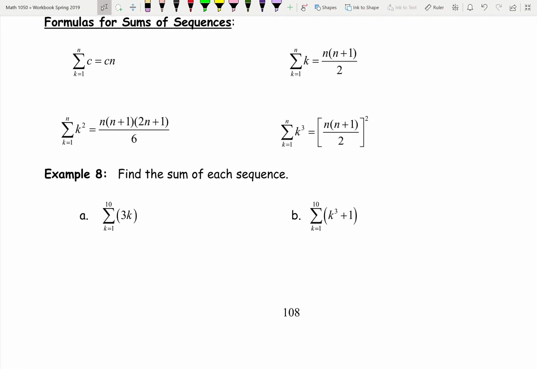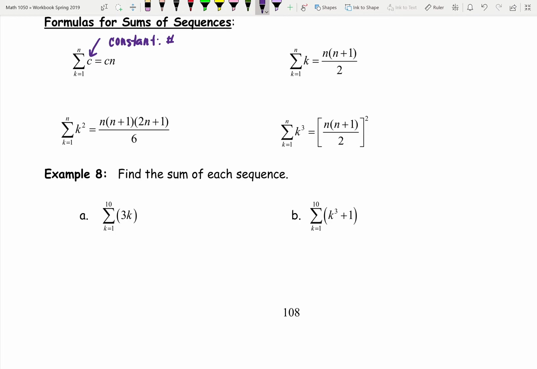I'm going to go slowly, okay? So these are formulas that you're going to use. That C right there is a constant. It's just some number. So if you have a summation and the only thing you have is a number like a 4 or a 6 or a 2, the formula to find the sum is take that number and multiply it by n.